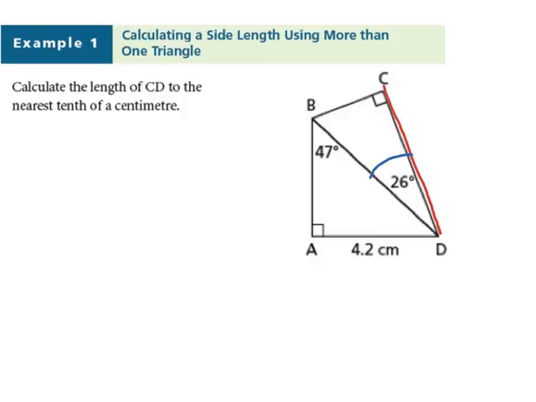If you look down below, we have another triangle, which is linked to the triangle that we have by this line segment BD. If we can find this green line, line segment BD, then we can use that information to find line segment CD.